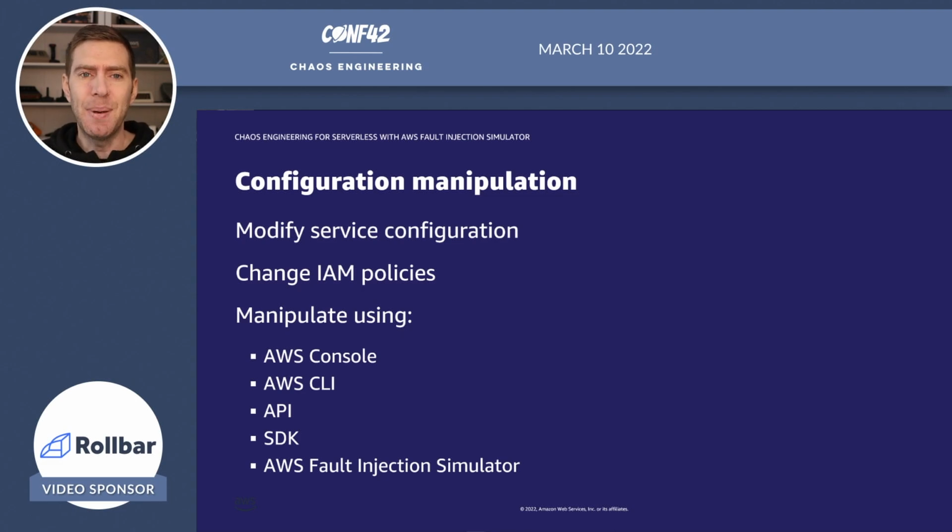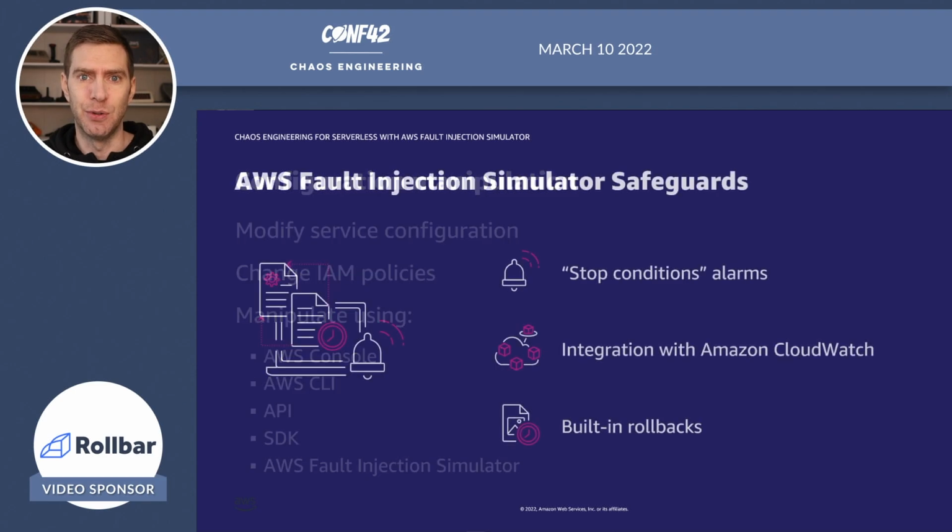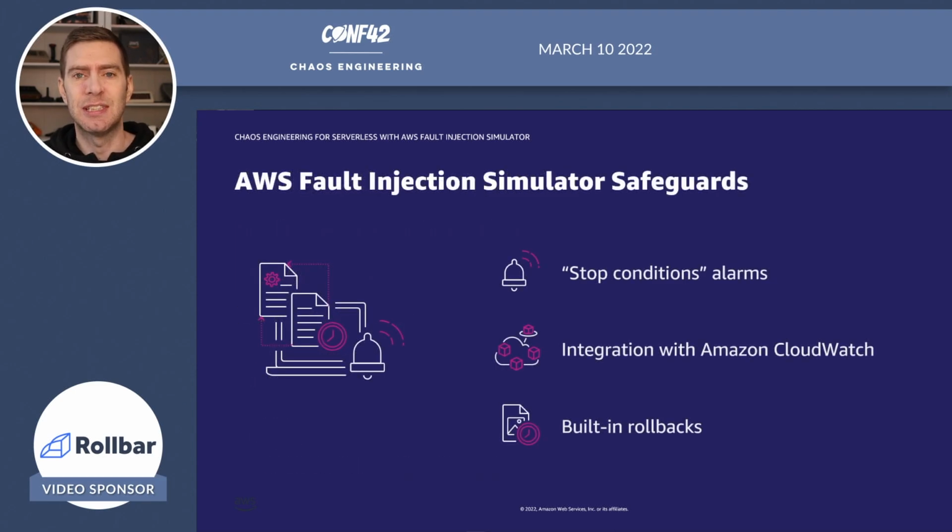And the big reason I see to use AWS Fault Injection Simulator to do this is the safeguards that we get with a managed chaos engineering service. Safeguards act as an automated stop button. It monitors the blast radius of the experiments that we're running and makes sure that it is contained, and that failures created with the experiment are rolled back if alarms go off.